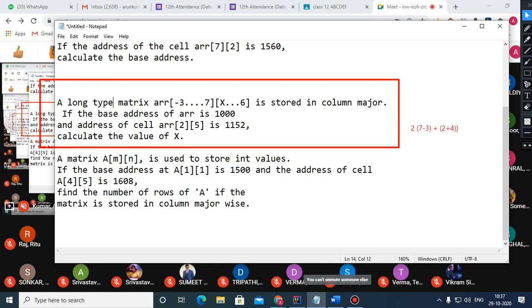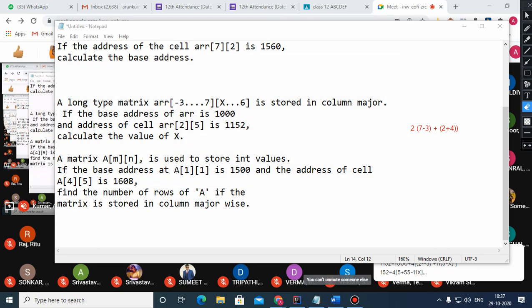So remember children, sometimes the data type is given, so you have to assume the size in that case. I hope you have understood what I want to say. If you consider 4 bytes, then it will come. Just because I have manipulated the question, the answer is such.